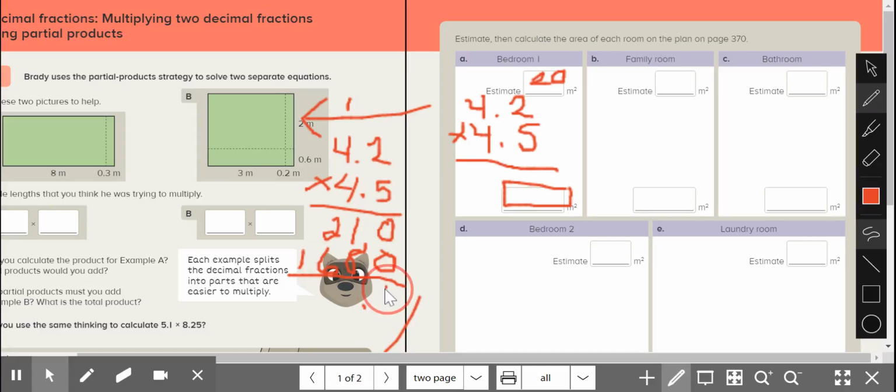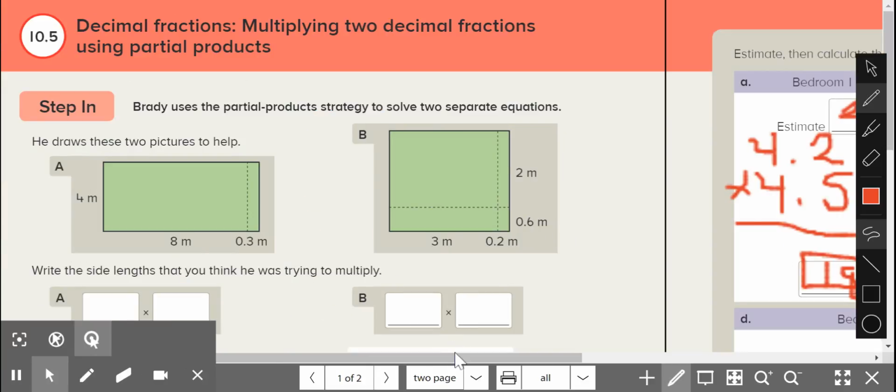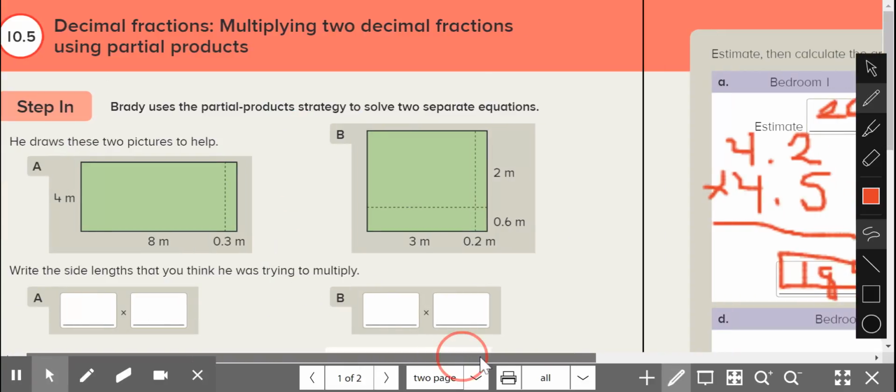So I add 0 plus 0 gives me 0. 8 plus 1 equals 9. And 2 plus 6 equals 8. And 1. So my total area for this room is 18.9, excuse me, 189 tenths, so 18.9 square meters.